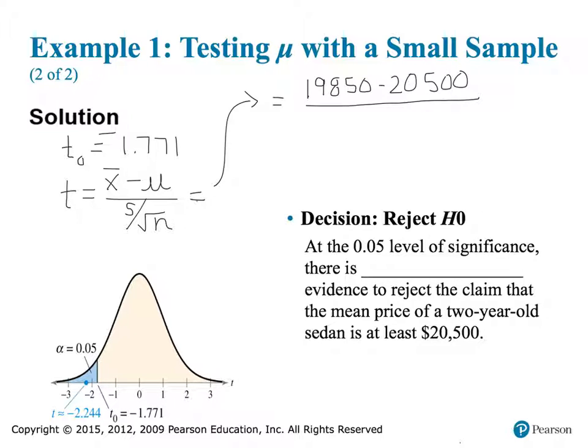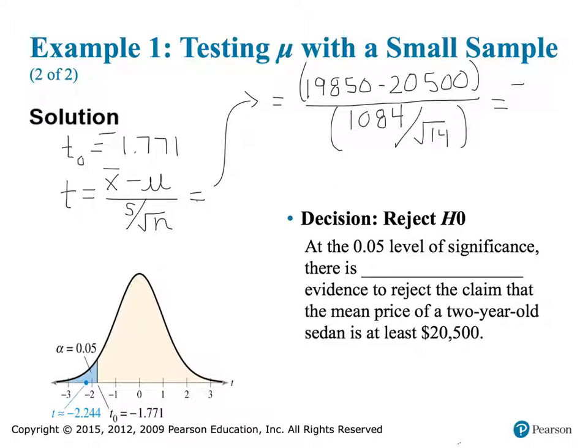Our standard error would be our s, the standard deviation of our sample, divided by the square root of n. And remember, when you calculate this, if you're going to do this all in one command on your calculator and then hit equals, you've got to enclose your numerator and denominator in parentheses.